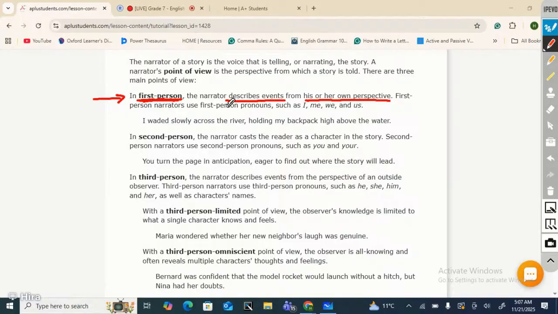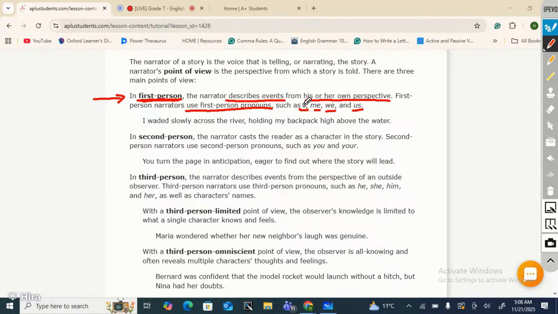First person narrators use first person pronouns such as I, me, we, and us. These are four first person pronouns. I and me are singular first person pronouns. We and us are plural first person pronouns.